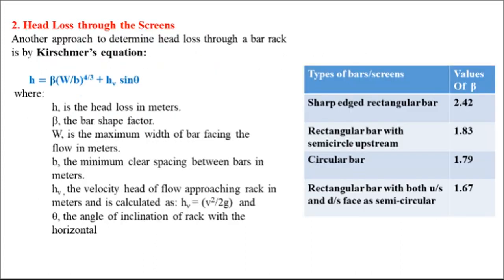Second formula for finding out the head loss. Another approach to determine the head loss through a bar screen is given by Kirschmer's equation.